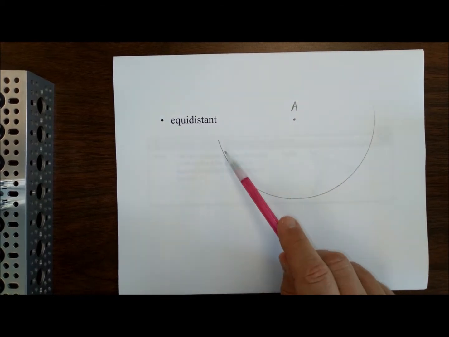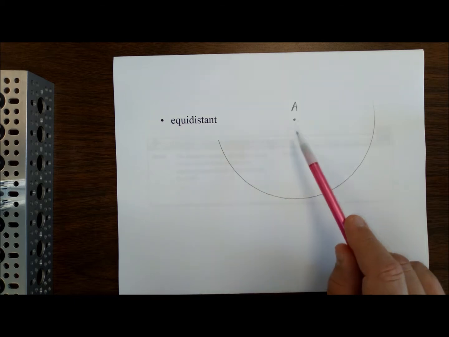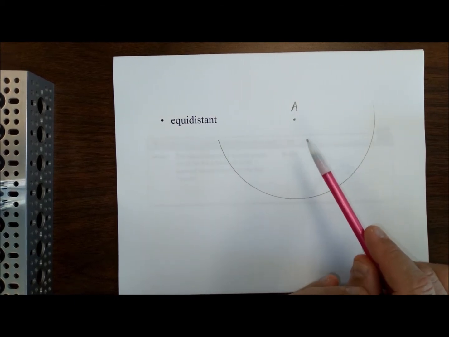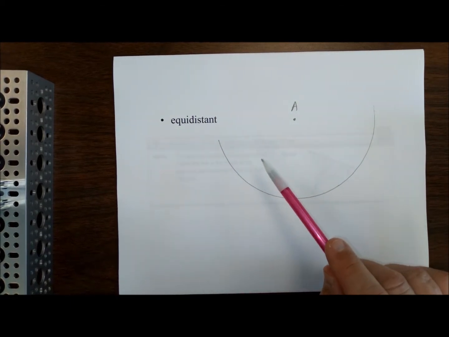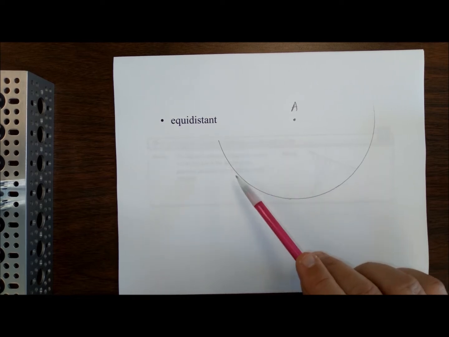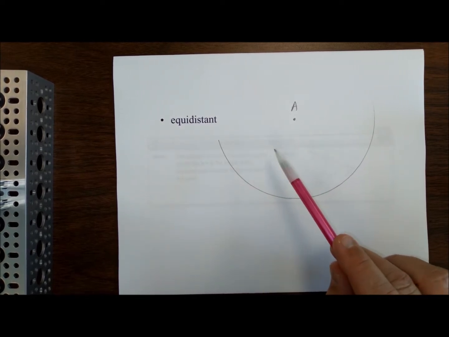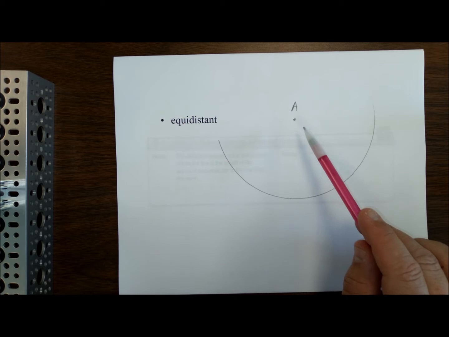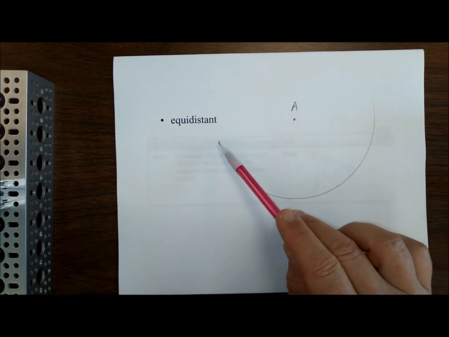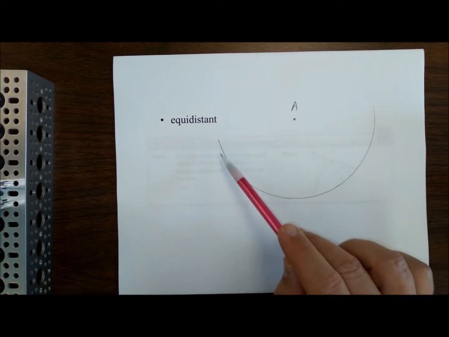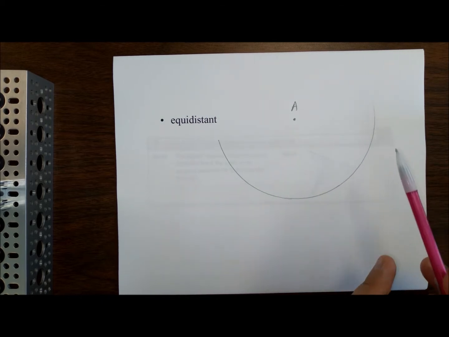Every single point, no matter where I establish them on the arc, will be equidistant from point A. And that'll be important when I show you how we're going to construct a perpendicular line, okay? We're going to use that idea that we can swing an arc from a point and establish points that are equidistant from it.